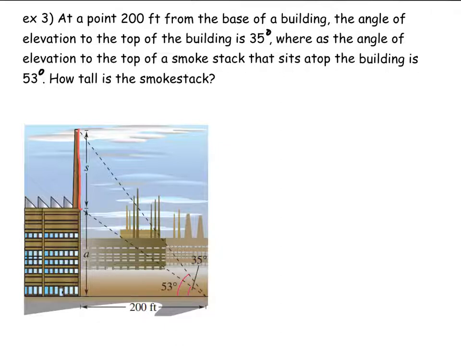200 feet from the base of the building, we have an angle of elevation to the top of the smokestack, which is 53 degrees. And then we have one to the base of the smokestack, or the top of the building, which is 35. I'm going to take two approaches here. I'm going to go off this first angle of elevation, and in blue, you have what I'm going to call the big triangle.